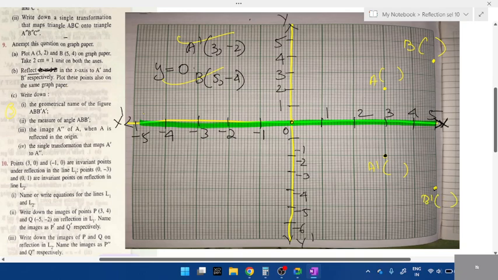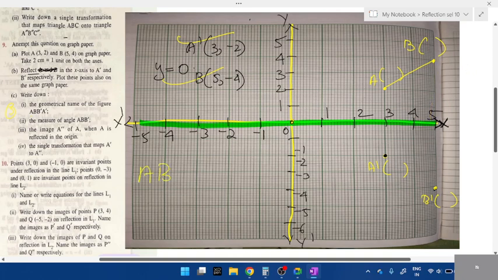Okay, write down the geometrical name of the figure. You have to connect the points. A, B. I'll connect A and B. Yes, A, B. And from B, where is it going, students? After B, what's the alphabet written? So whatever they tell, in the same order you have to write.